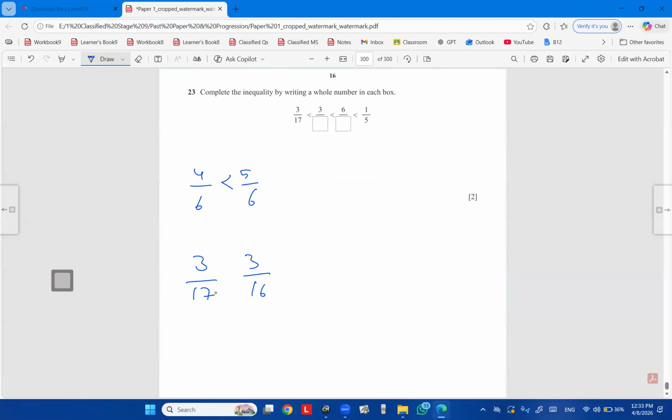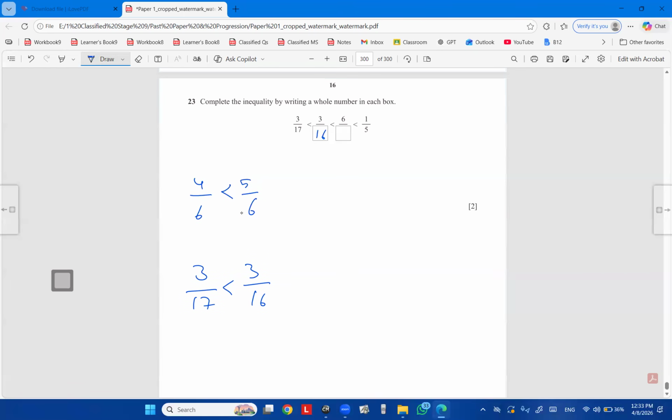Don't say this one. The denominator here is bigger, so this fraction is smaller. So if the numerators are the same, the fraction with the smaller denominator is the bigger one. So 3 over 17 is smaller than 3 over 16.